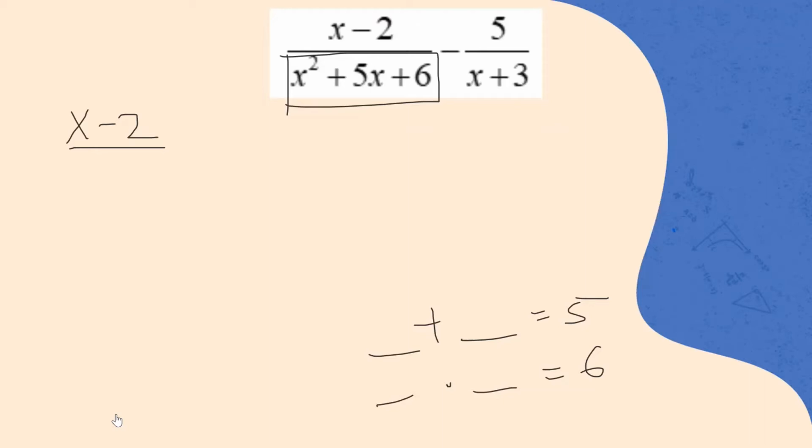So what are the factors, or multiples, of 6? Well, 1 times 6 gives me 6, right? So can you negate the numbers, or make each one the opposite sign, to make them add to 5? Is that possible?